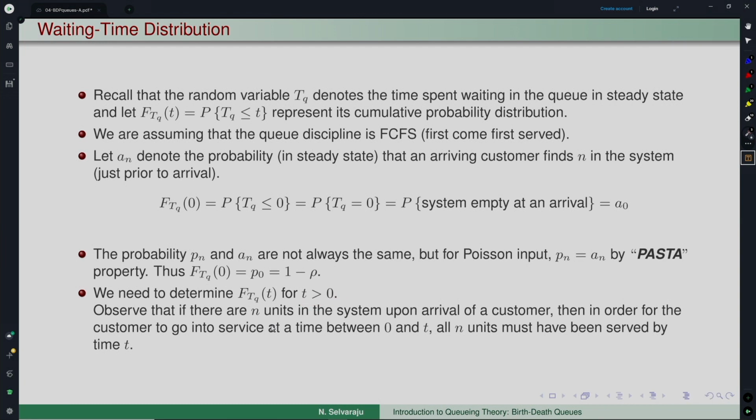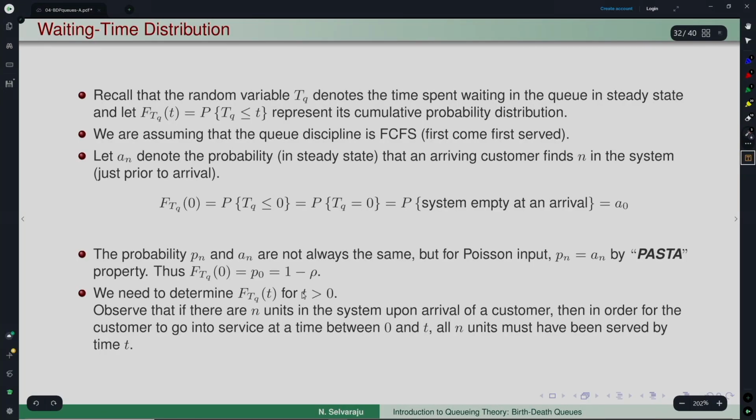Now, for this, you observe that if there are n units in the system upon arrival, in order for this arriving customer to go into service at a time between 0 and t, if I fix a t here, then all n units who were ahead of him at the point of his arrival have to be served by time t.